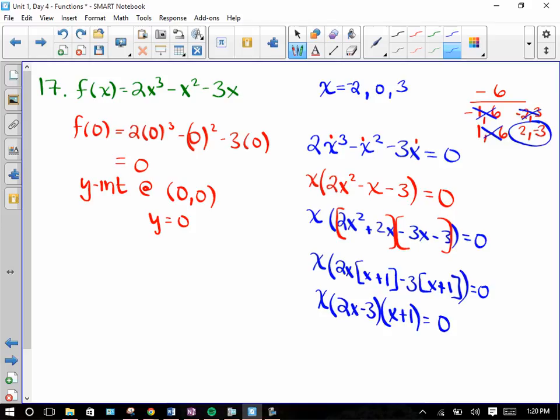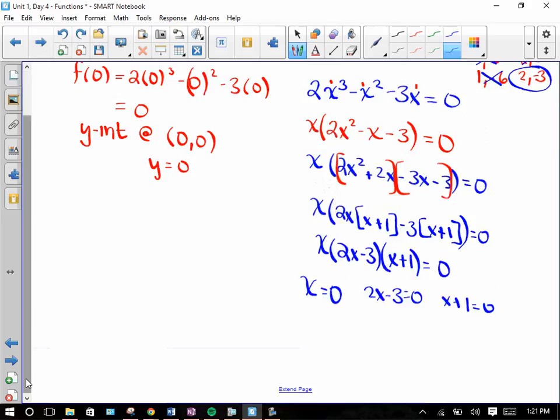So I have 3 different factors that are now equal to 0. x is equal to 0. I have 2x minus 3 is equal to 0. And I have x plus 1 is equal to 0. At this point, here's one of my zeros. We said 0, right?